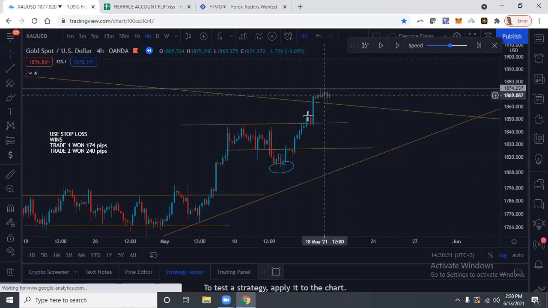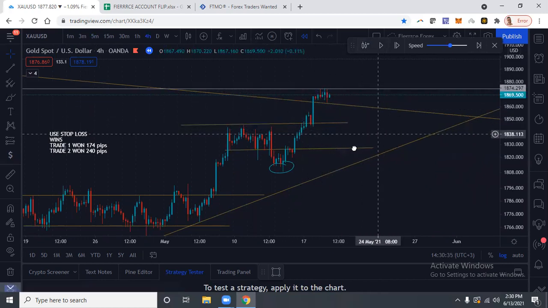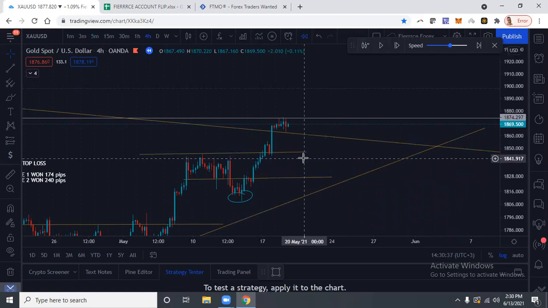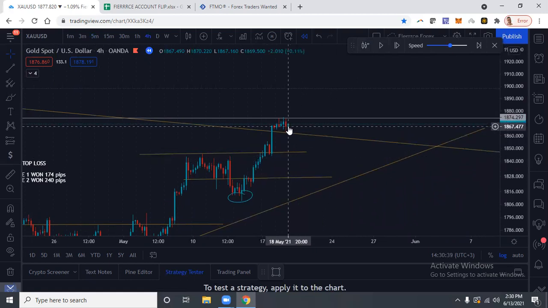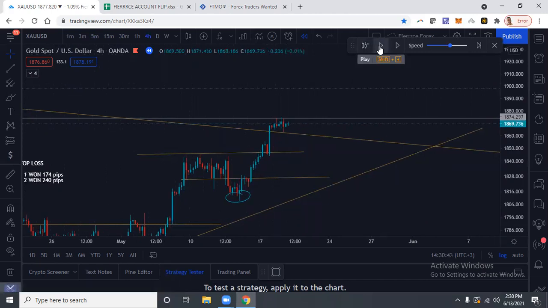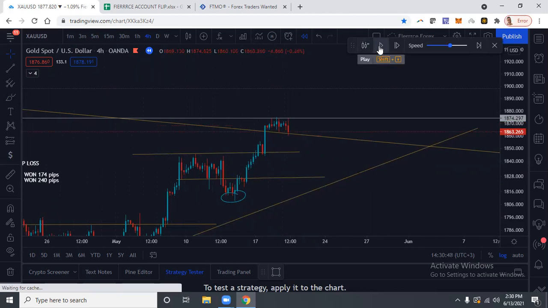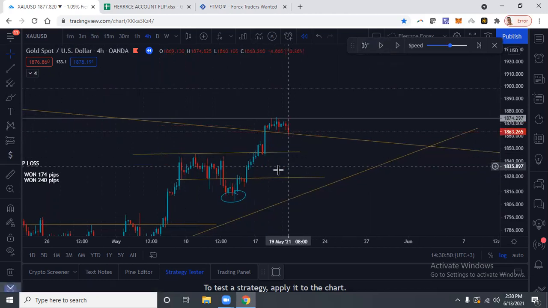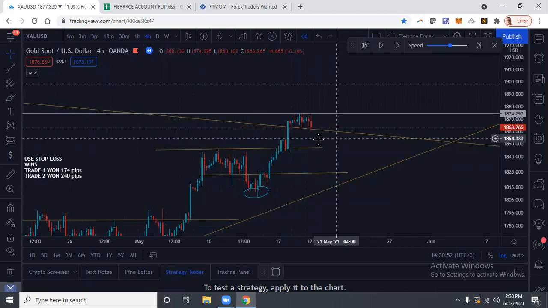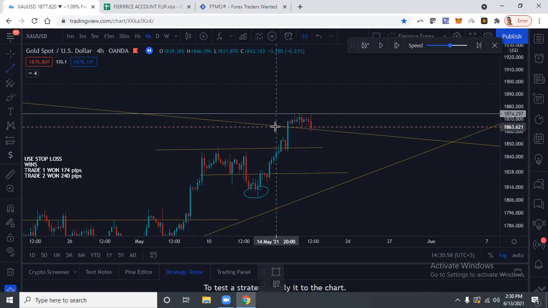Okay, so we are retesting structure, and I'm looking at another potential buy. This is the New York session, going to the Asian market. There we go. So technically, what I'm seeing here is we kind of broke structure here.